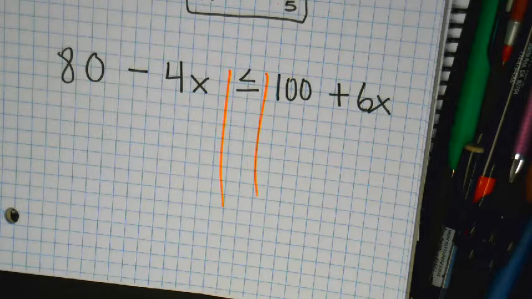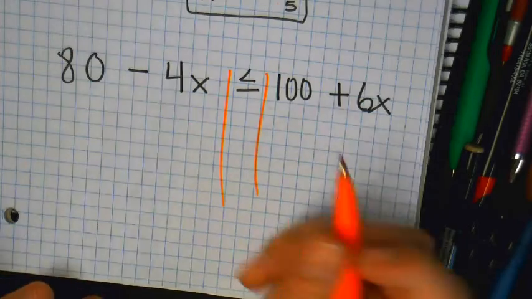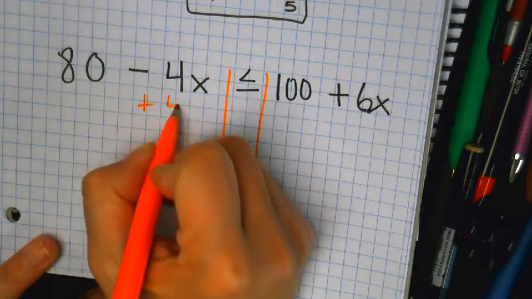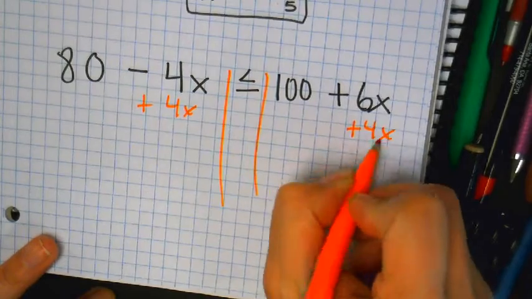It's hard. All right, what do we want to move? Negative 4. Yep. So right now it's a minus 4x, so you're going to add 4x, add 4x.